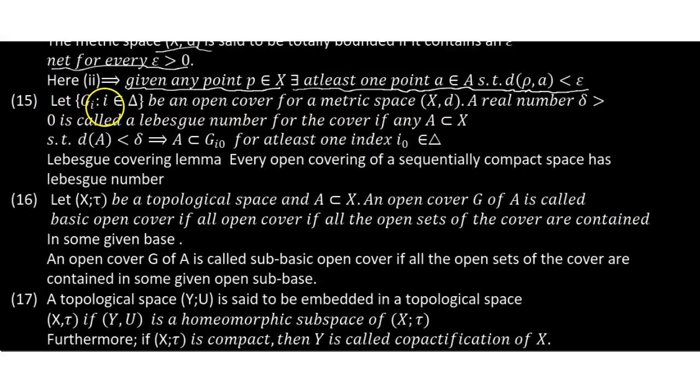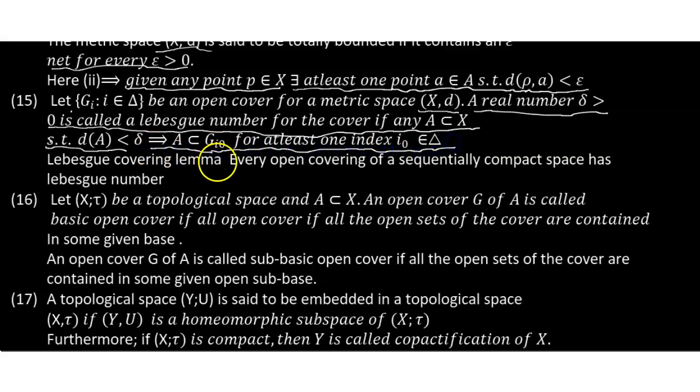Let G_i, i belonging to Delta, be an open cover for a metric space (X, d). A real number delta greater than 0 is called a Lebesgue number for the cover if for any subset A of X such that the diameter d(A) is less than delta, A is a subset of G_i0 for at least one index i0 belonging to Delta.